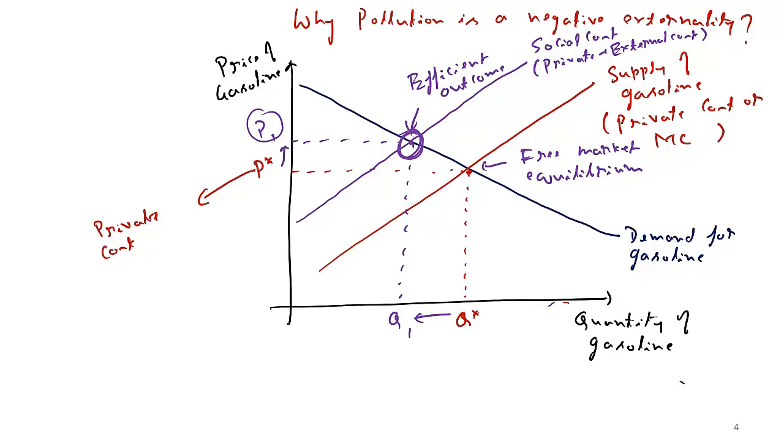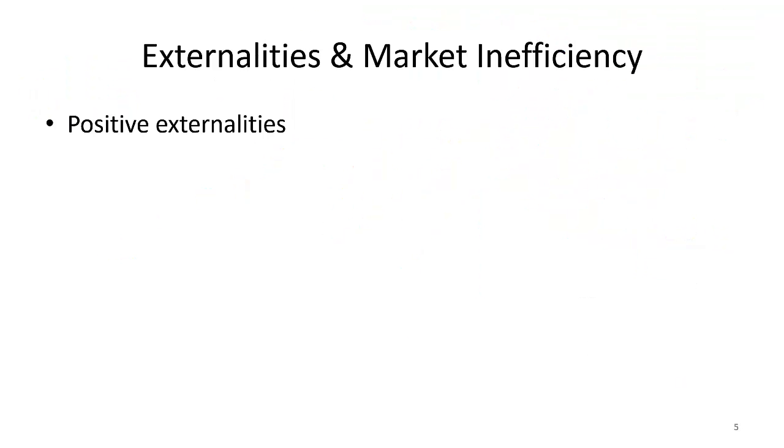Now this is a case of negative externality because it's affecting somebody adversely. We can have a case of positive externality. Let me give you an example of positive externality, which is education. As I said, your education can benefit somebody else.